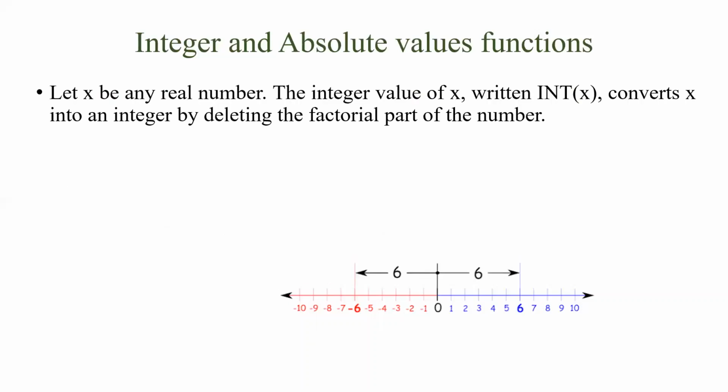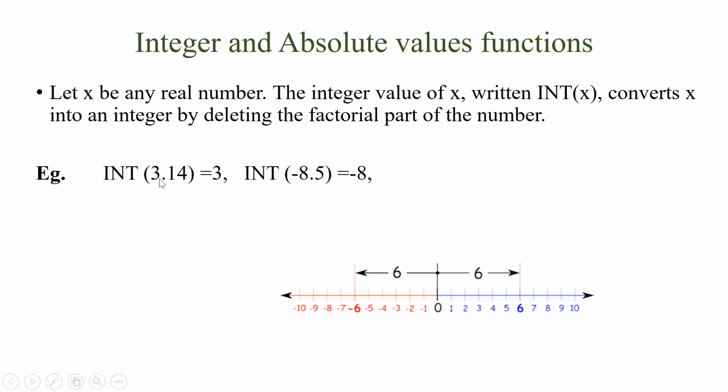If x is a real number, the integer value of x is written as int of x and converts x into an integer. If it is a real number, you will just delete the fractional part. We will not consider the highest integer which is not higher than, or the least integer which is not lesser than; we will just remove the fraction part.